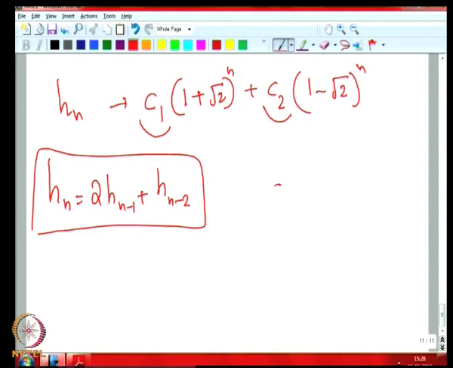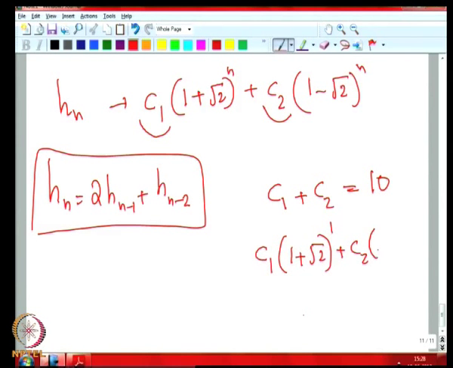When n equal to 0, this will simply become C1 plus C2 is equal to, say, 10, we can write it like this. The next thing, when n equal to 1, what will happen? C1 into 1 plus root 2 raised to 1 plus C2 into 1 minus root 2 raised to 1 is equal to, suppose, 5.